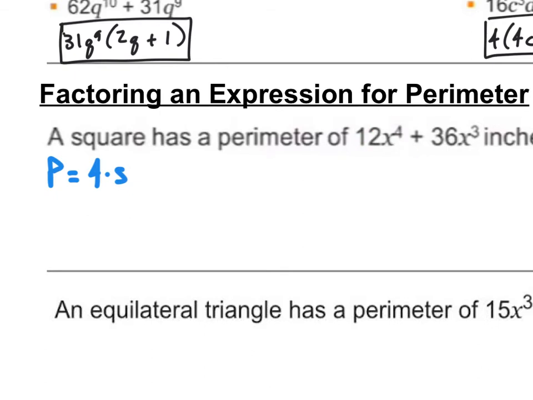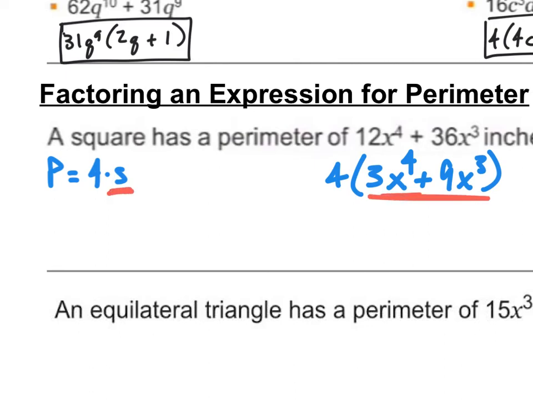If I factored a 4 out of this polynomial, then we're just left with 3x to the fourth plus 9x cubed. And so then our side length matches this part right here. So our side length is equal to 3x to the fourth plus 9x cubed.